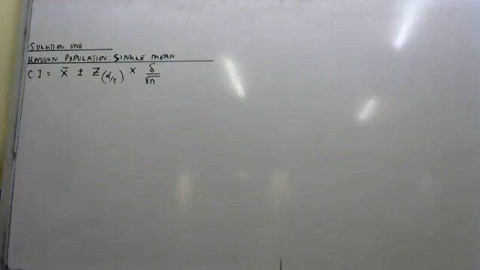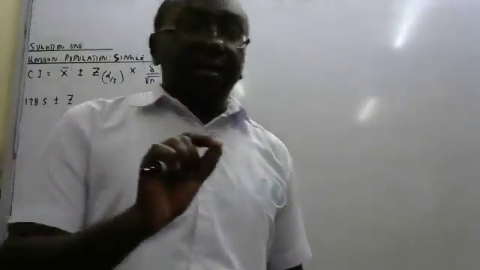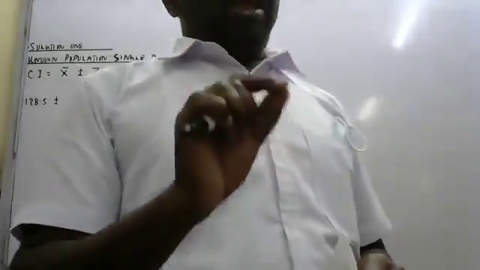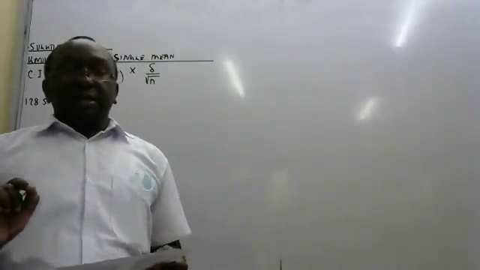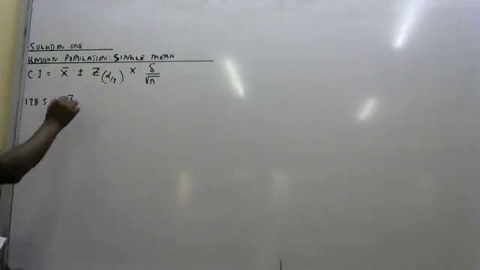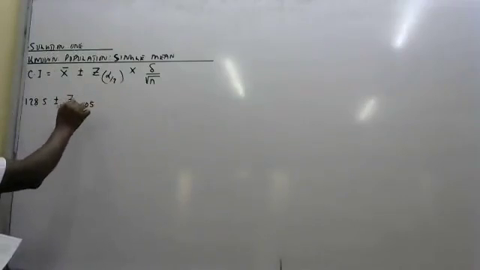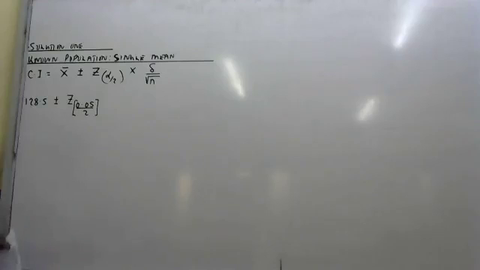So we are told the sample mean is what? 128.5, plus or minus Z. Now alpha is what remains for the confidence level to be 100%. Here we are told the confidence is 95. So what remains to be 100? 5. That is what you call alpha. So it is written as 0.05 out of 2.